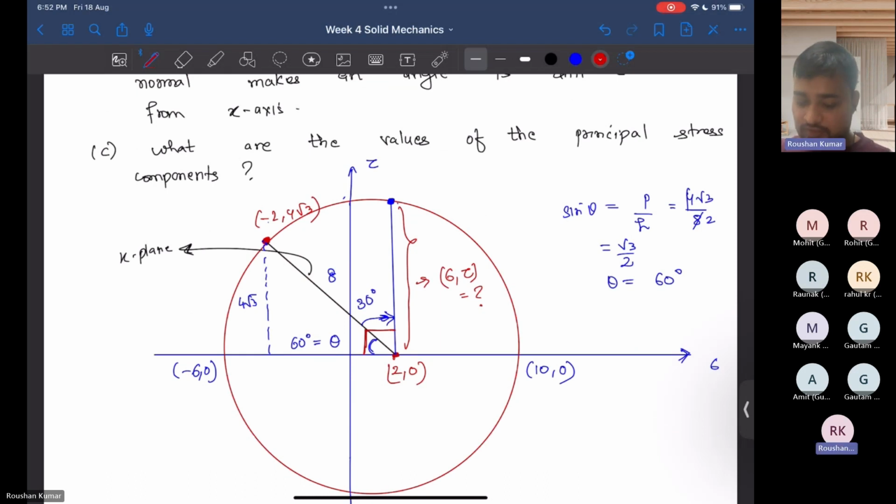As you can see here, this is the plane of maximum shear because there is no normal stress at this point.